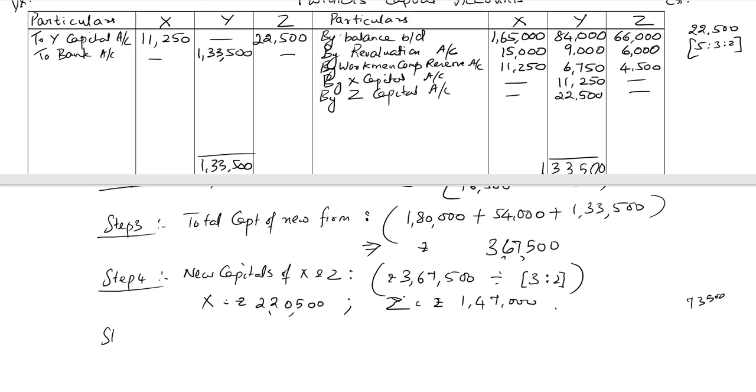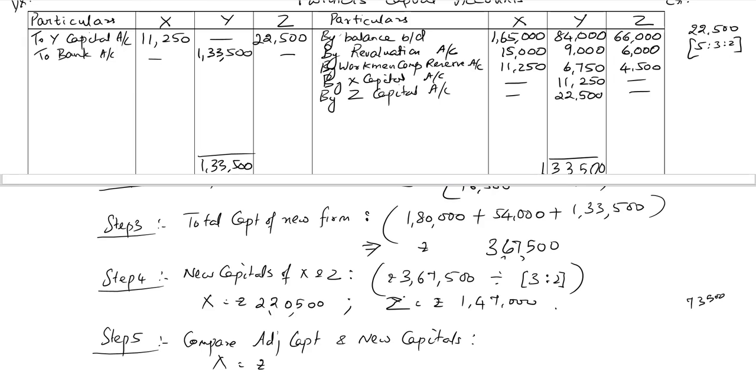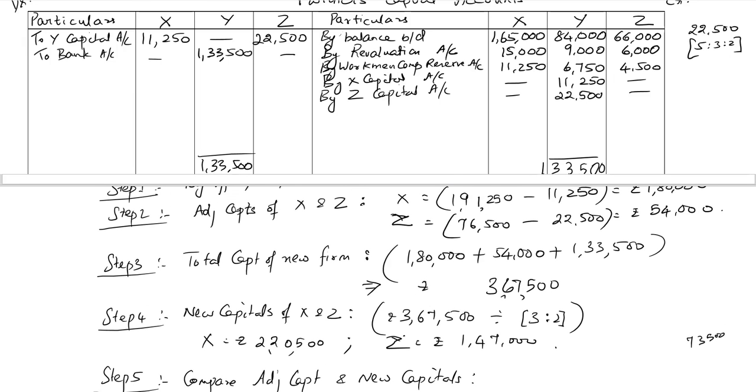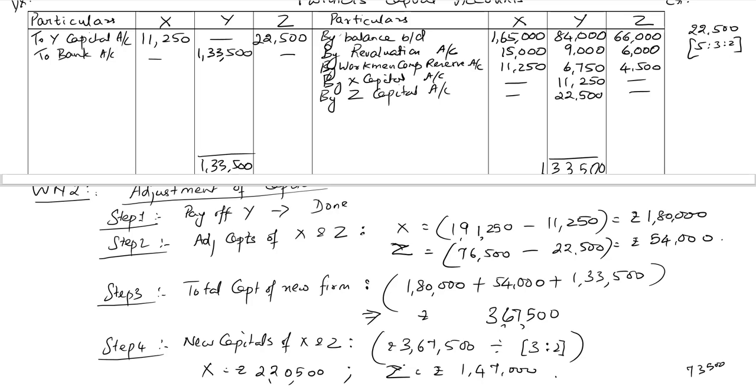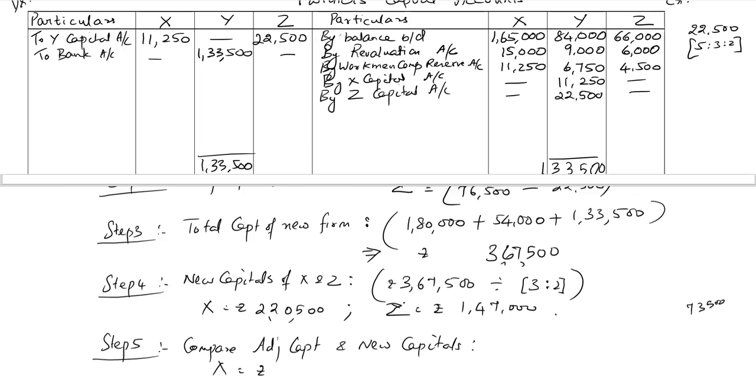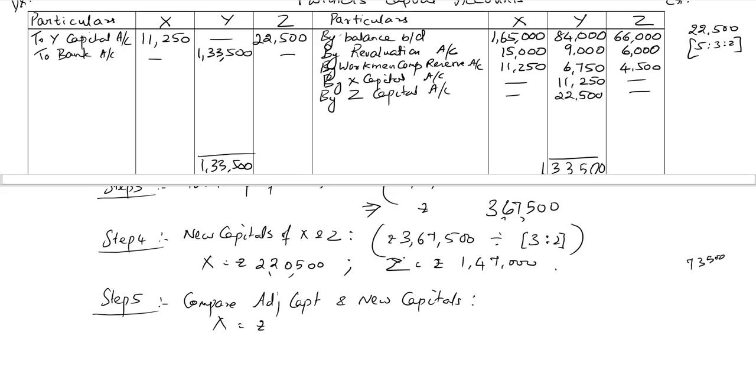The final step 5, comparing adjusted capital and new capitals. In the case of X, the adjusted capital was 1,80,000 rupees and the new capital was 2,20,500 rupees.